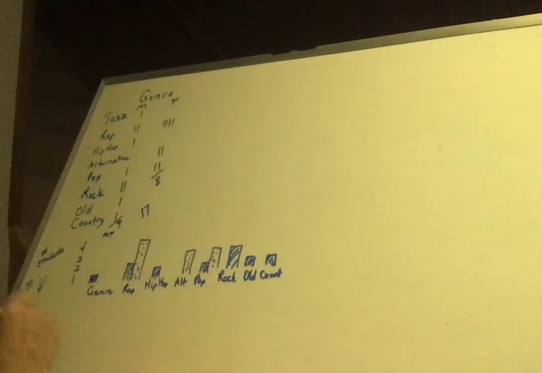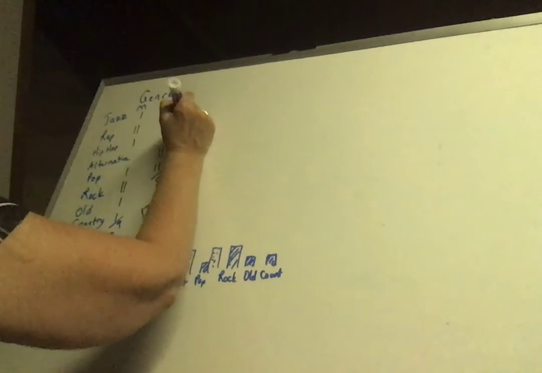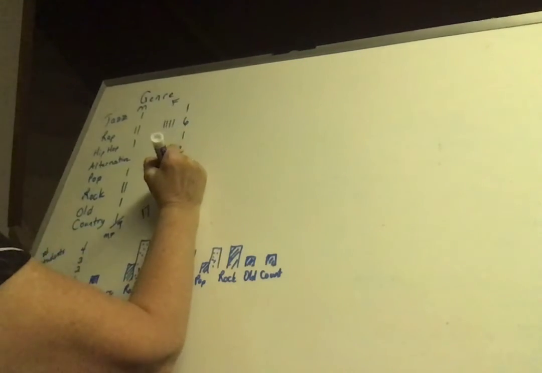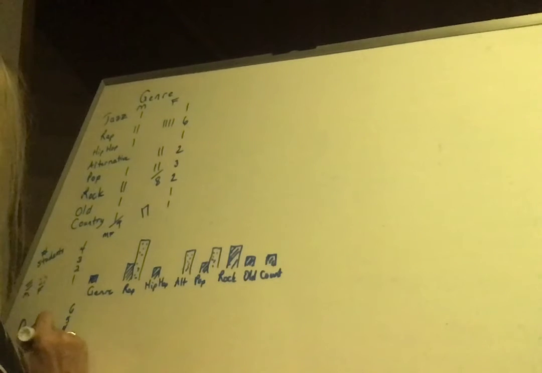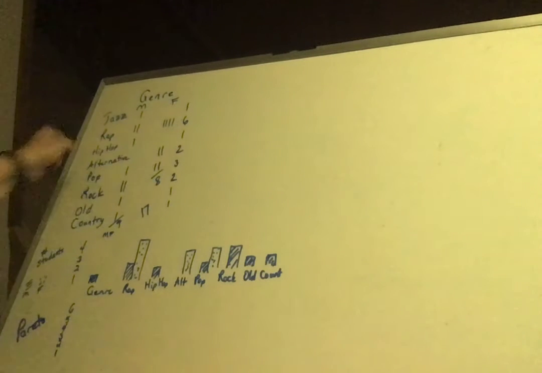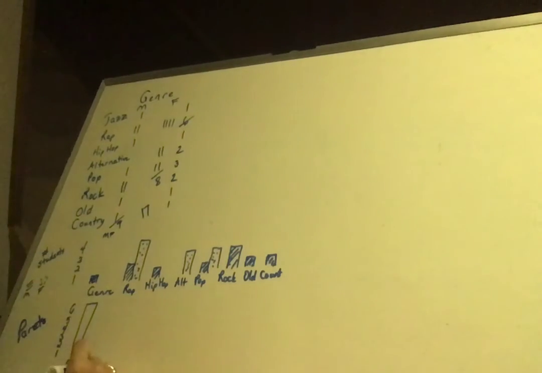Now, similar to that, and an interesting one, is a Pareto chart. And this one again, let's do the combination. We had 1, 6, 1, 2, 3, 2, 1, 1. So the largest number is 6. Pareto is real similar, but 6, 5, 4, 3, 2, 1. It always starts with the biggest. So rap had a total of 6. And the next biggest is pop, and it goes up 3.